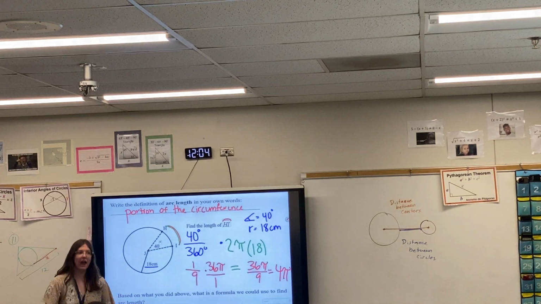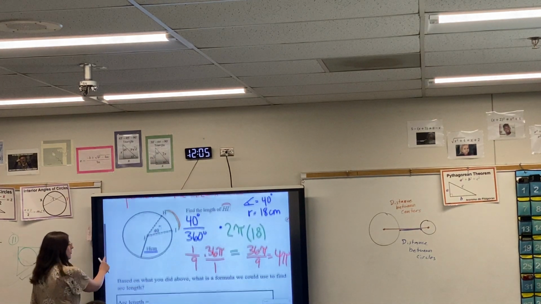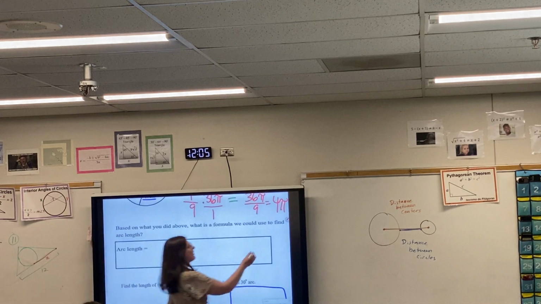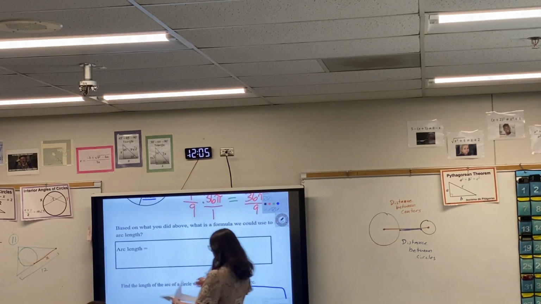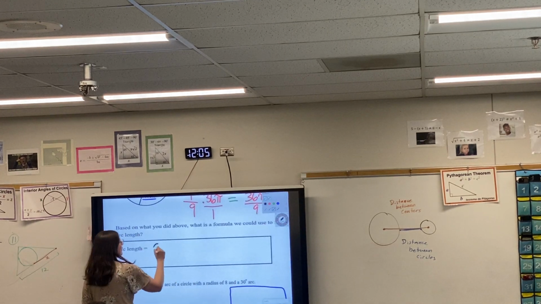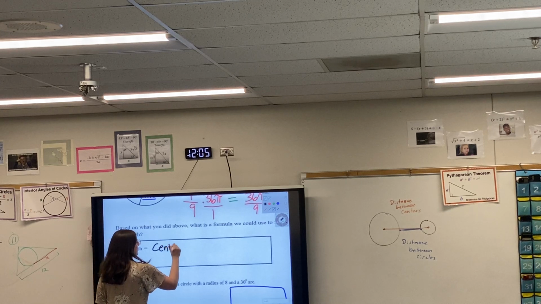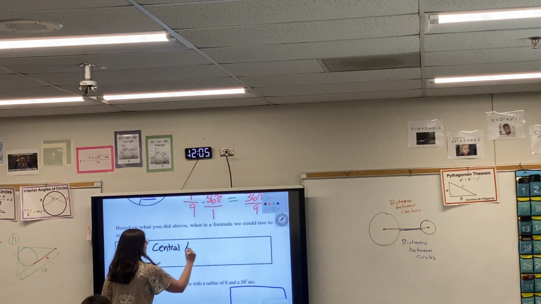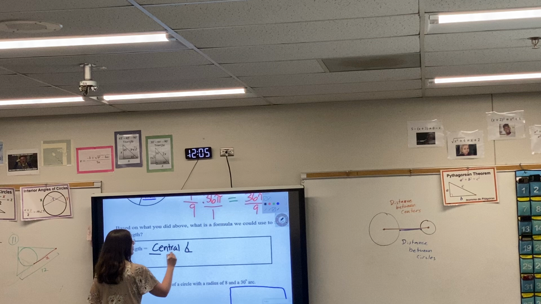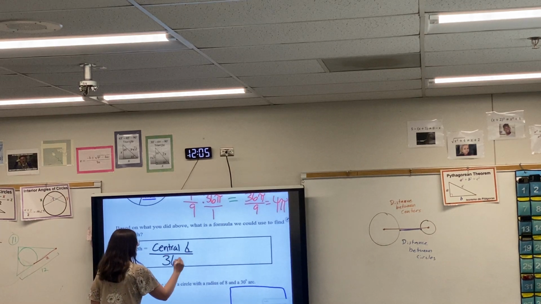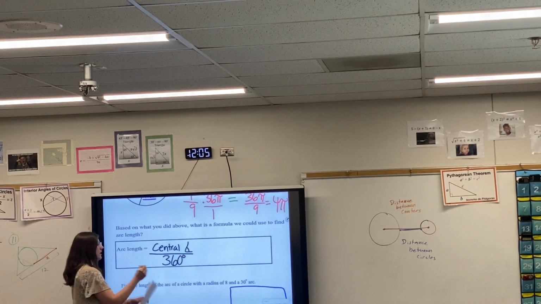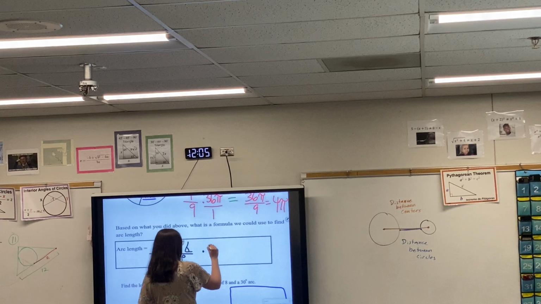Okay, now I'm going to tell you what the formula is, which I think you already can recognize from what we talked about. We want the central angle over 360, right? That's the piece of the pie. And we're multiplying that by the circumference.